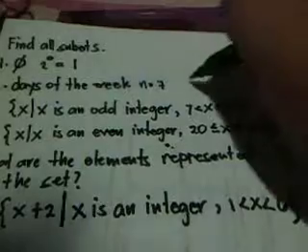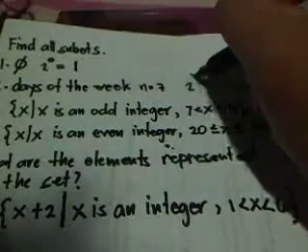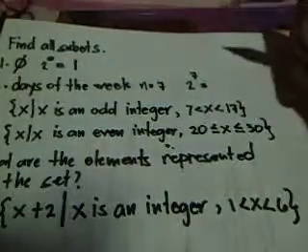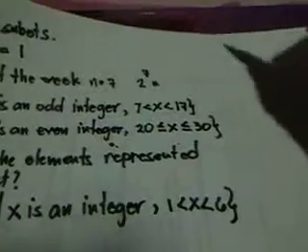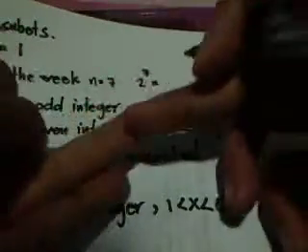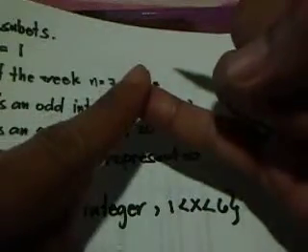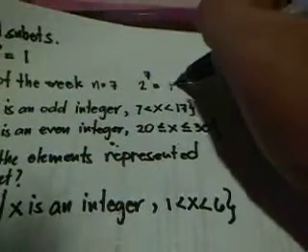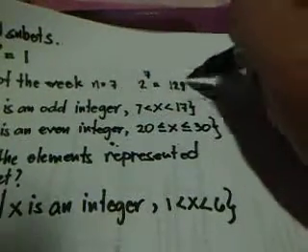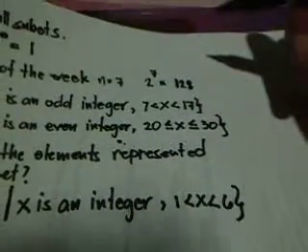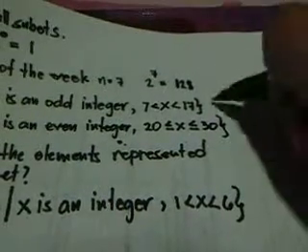In solving, that is 2 raised to 7. Let us multiply: 2 times 2 is 4, times 2 is 8, times 2 is 16, times 2 is 32, times 2 is 64, times 2 is 128. Therefore, there are 128 subsets.